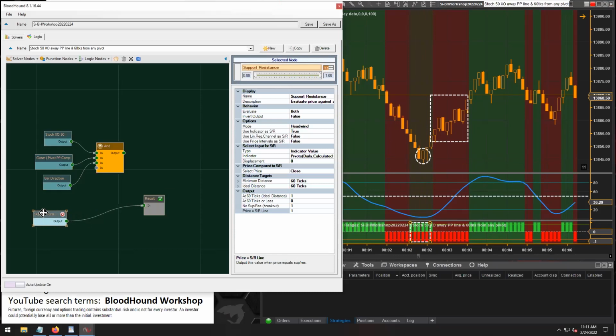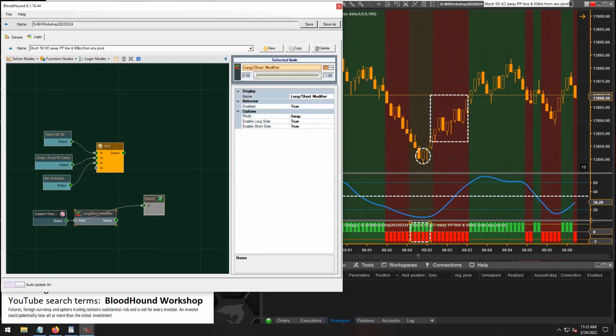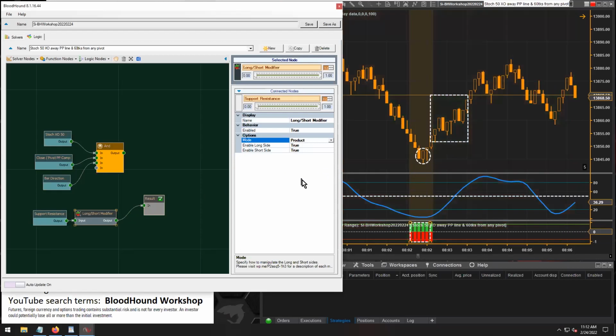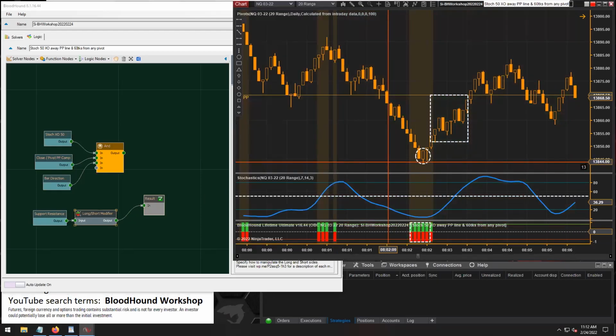The way we can do that is use a long short modifier, like that in there. And let's see, for the mode, let's use product. Yeah, there we go. Product works.